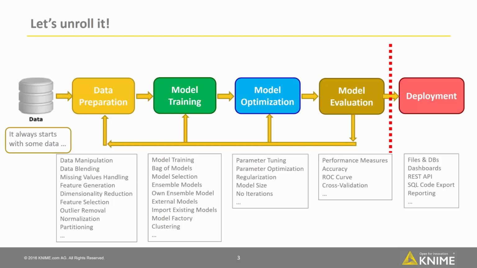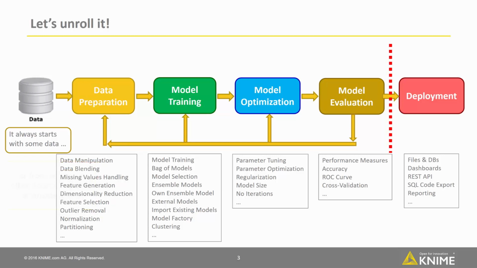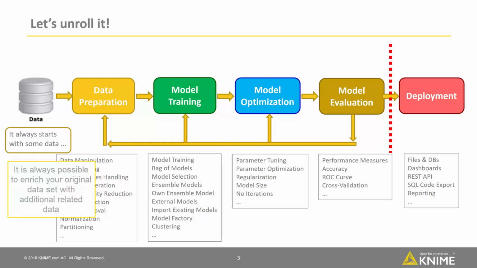No data, no project. The first step is then to access this data from a file, from a database, from a REST service, from a document, or from whatever other source in public or private mode. With the plethora of data available more or less for free on the internet, it's nowadays always possible to enrich your original data set with additional related data.